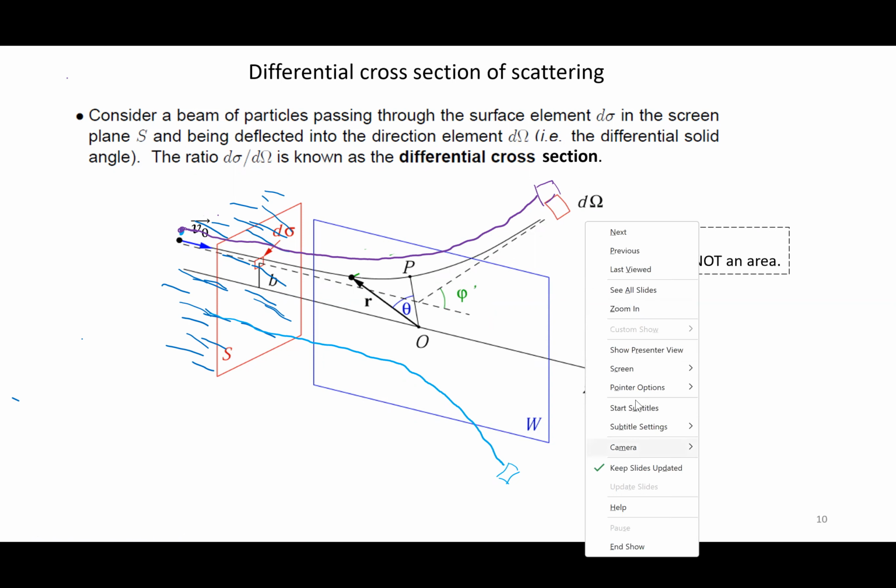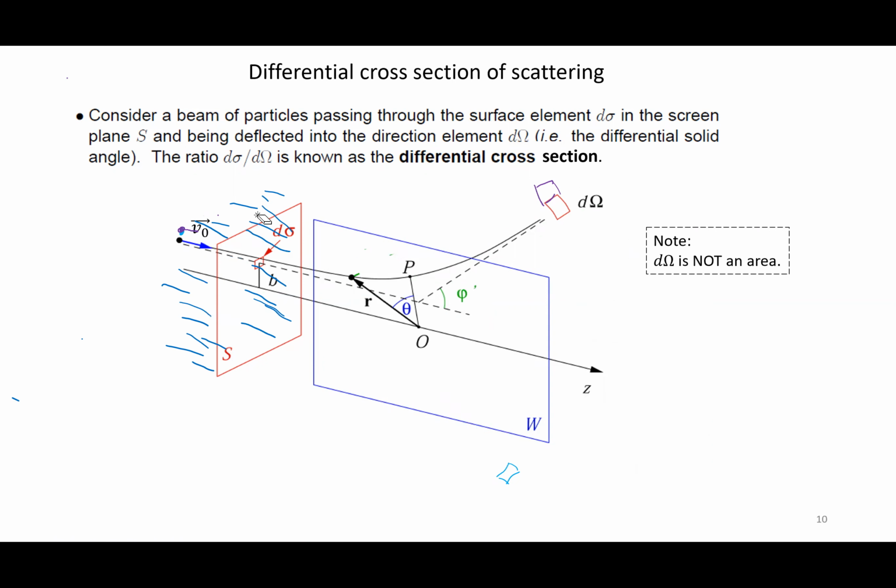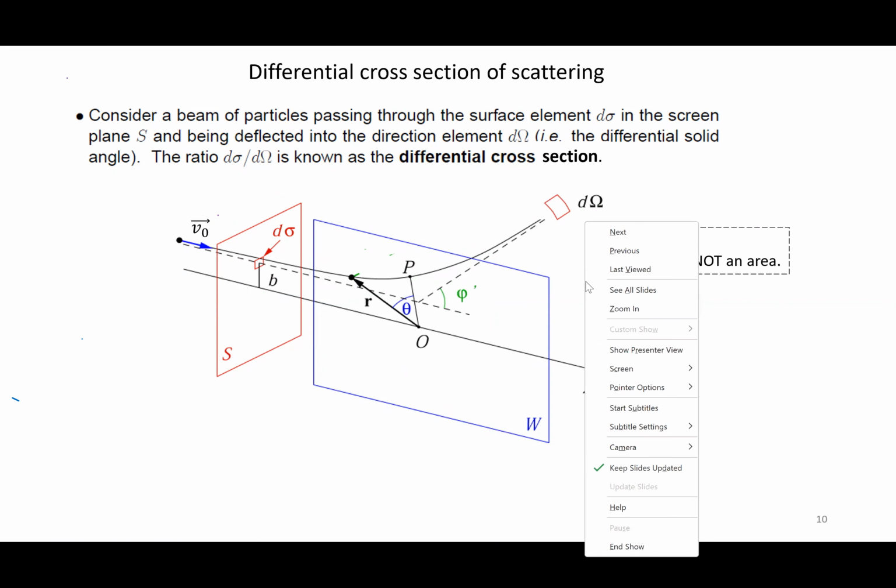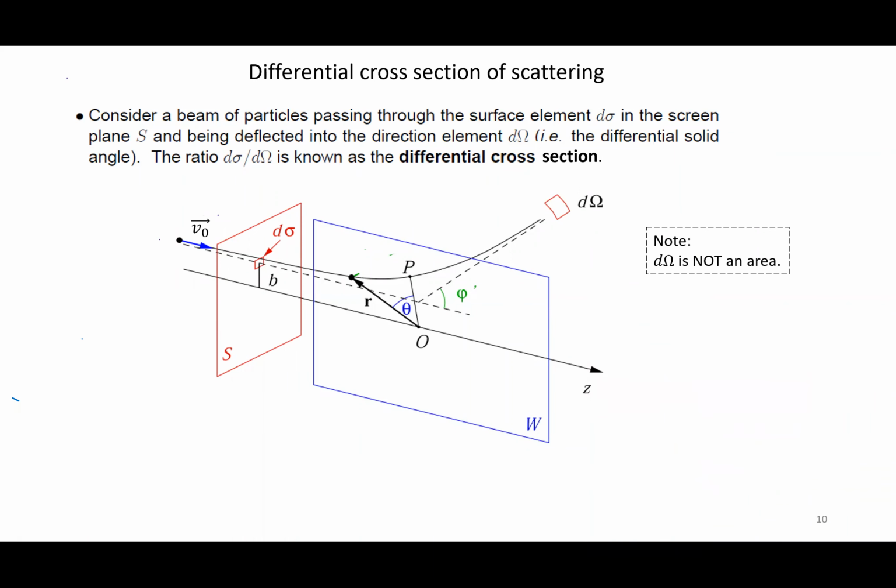Now I will erase something and again consider the one particle that I have in this figure, which is this one. This particle has a particular velocity and impact parameter. It passes through this d sigma before the scattering happens.